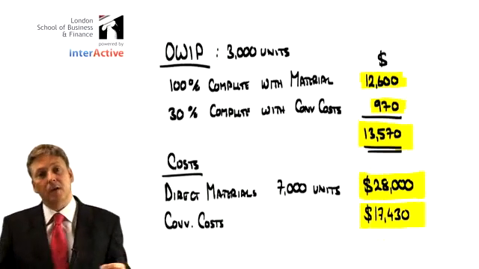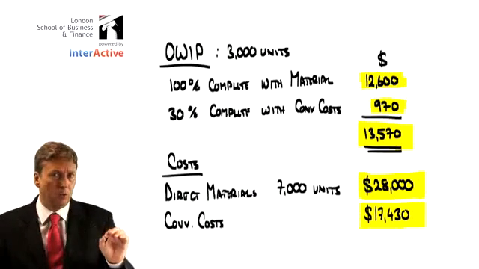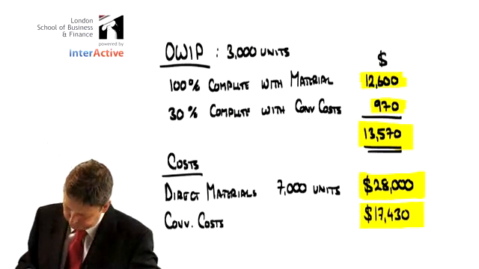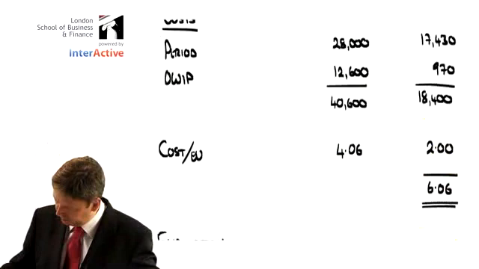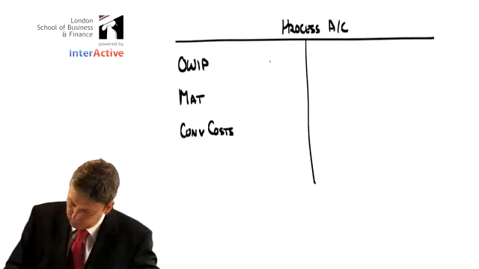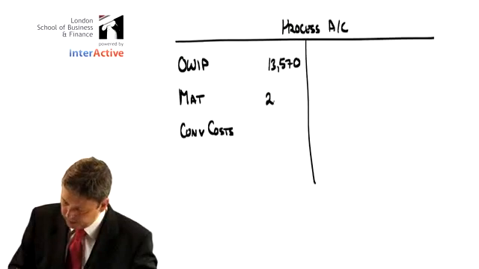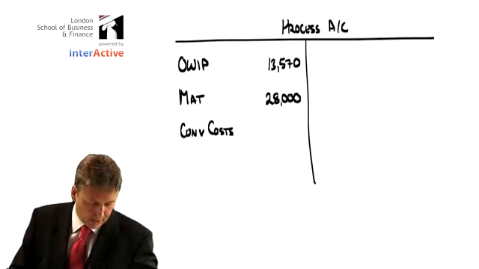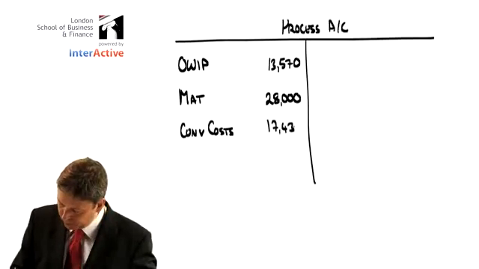So these are the numbers we're going to dump in as debits, as inputs, whatever you want to call them. We said our OWIP valuation was 13,570. We said materials were 28,000, and we said that the conversion costs were 17,430.